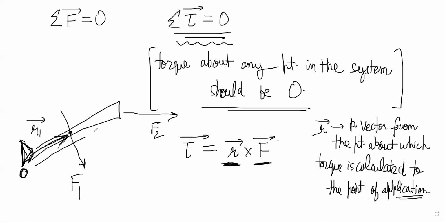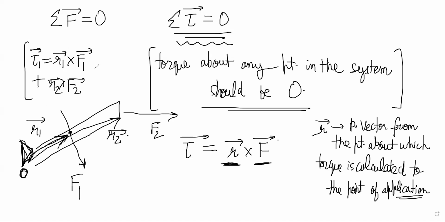And from here to the point of application of this force is your R2 vector. So torque here would be R1 cross product F1 plus R2 cross product F2. That is what you get as the total torque on this rod.